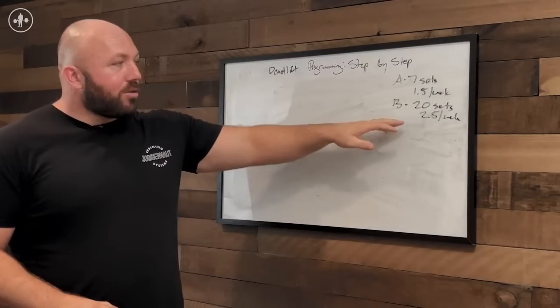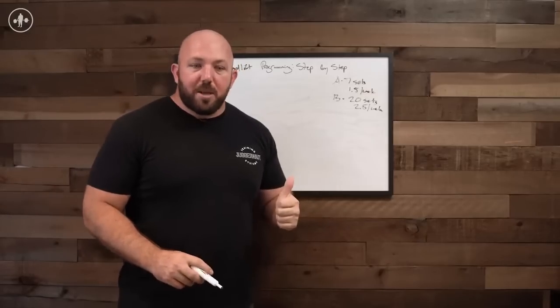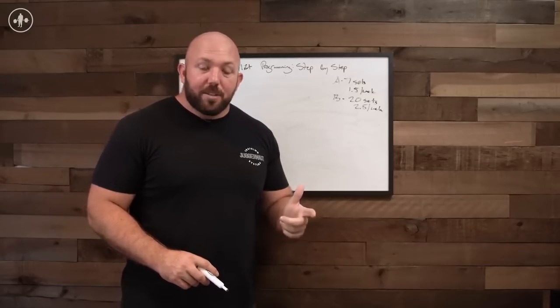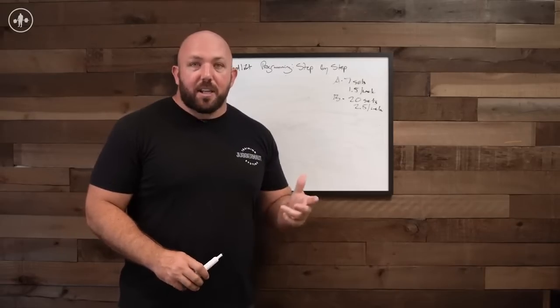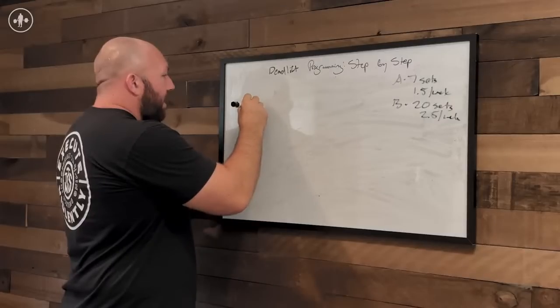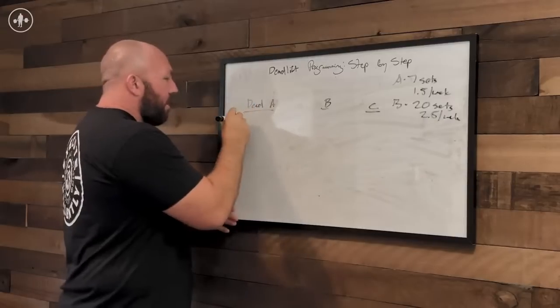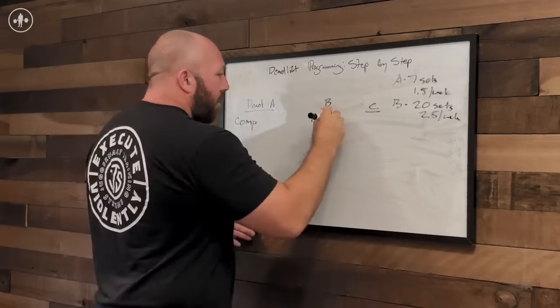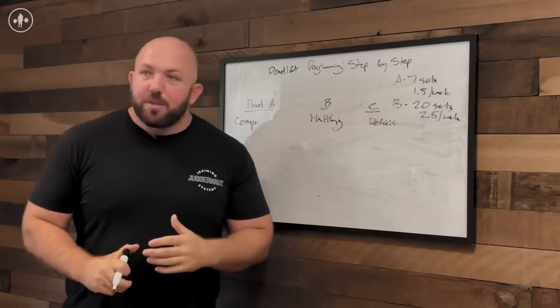So for her 2.5 sessions per week, we could be looking at comp deadlift as being one of them, halting deadlift as being a good tool for improving weakness off the floor, and deficit deadlift, kind of a classic for weakness off the floor. So if we've got our deadlift A, B, and C throughout the week, this is going to be comp, halting, deficit. So why don't we just do comp deadlift all the time?